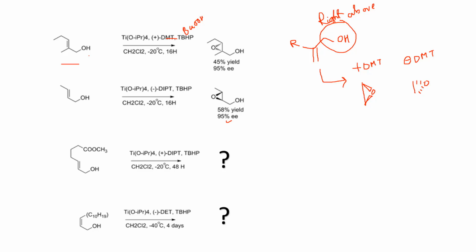So this is a trick. If you keep this allylic alcohol at the right side above, then whenever you are given a positive diethyl tartrate or dimethyl tartrate, anything, you will always get an above the plane product. If you are given a negative tartrate, you will always get a below the plane product.